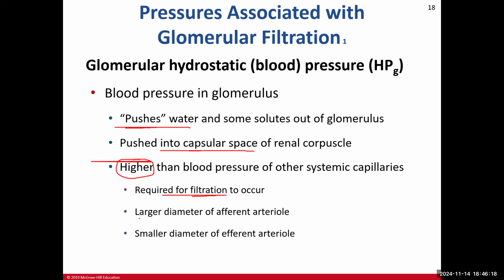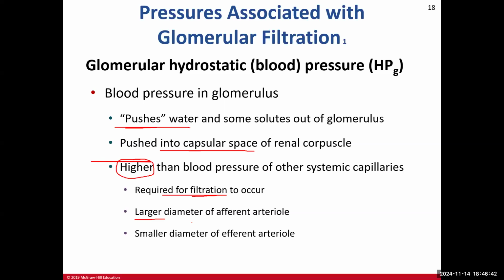This is done by, and I mentioned this in lab, the afferent arteriole having a larger diameter than the efferent arteriole. If you have a larger diameter, you have a larger lumen, less resistance, increased flow. Smaller diameter, smaller lumen, increased resistance, decreased flow.